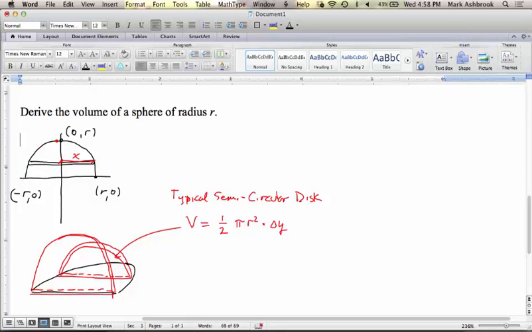What is the equation of this curve? It's the circle centered at 0 with radius r, which is x squared plus y squared equals r squared. And so I need what x equals. X equals the square root of r squared minus y squared.